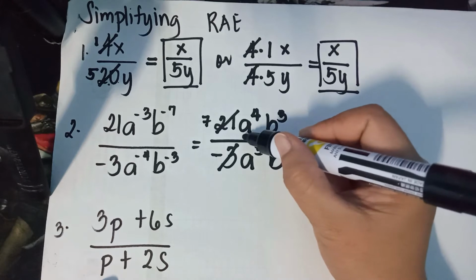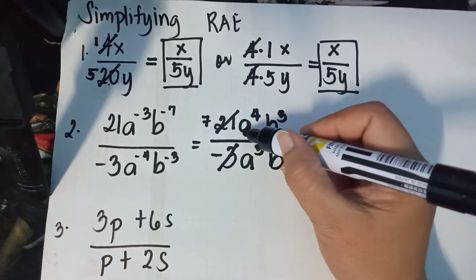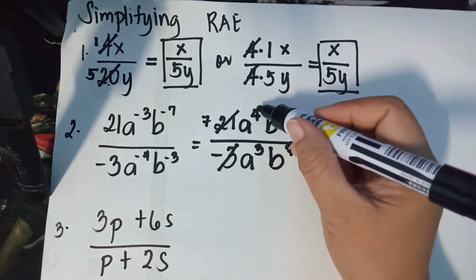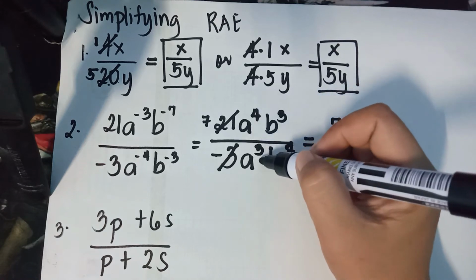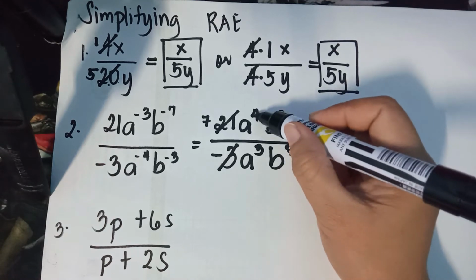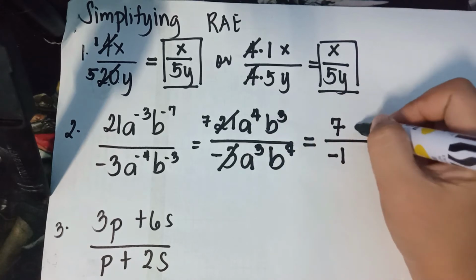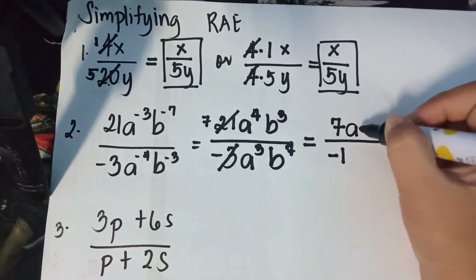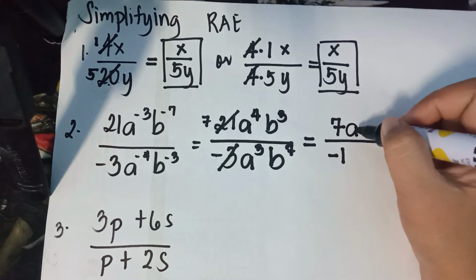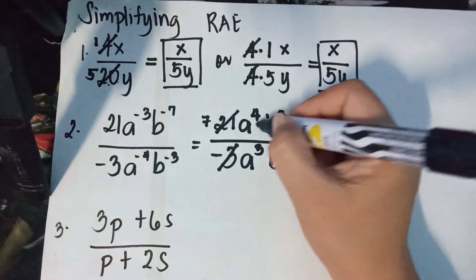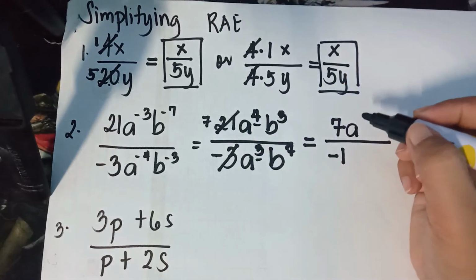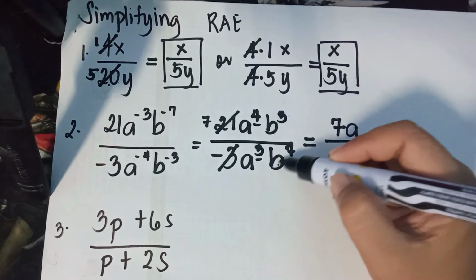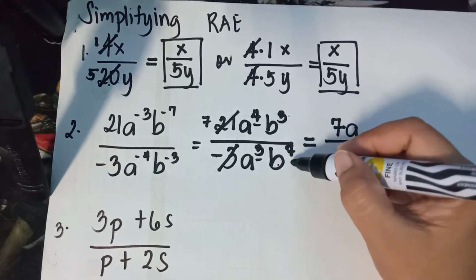And in dealing with literal coefficients, just subtract the numerator and the denominator. We have 4 minus 3, that is 1 a. We will write a in our numerator because 4 is greater than 3. Next, b cubed and b raised to 7.